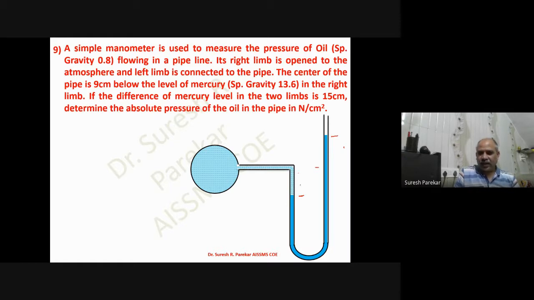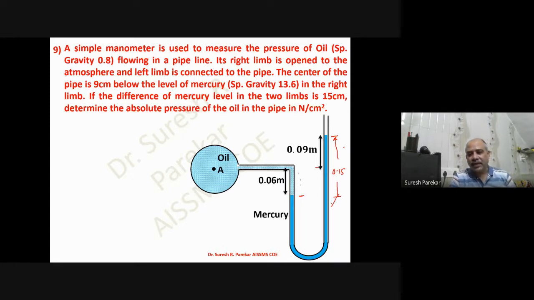So this value will be 6 centimeter or 0.06 meter. Now you can see these values. In total, we have 0.15 meter, which is the difference of level of mercury.